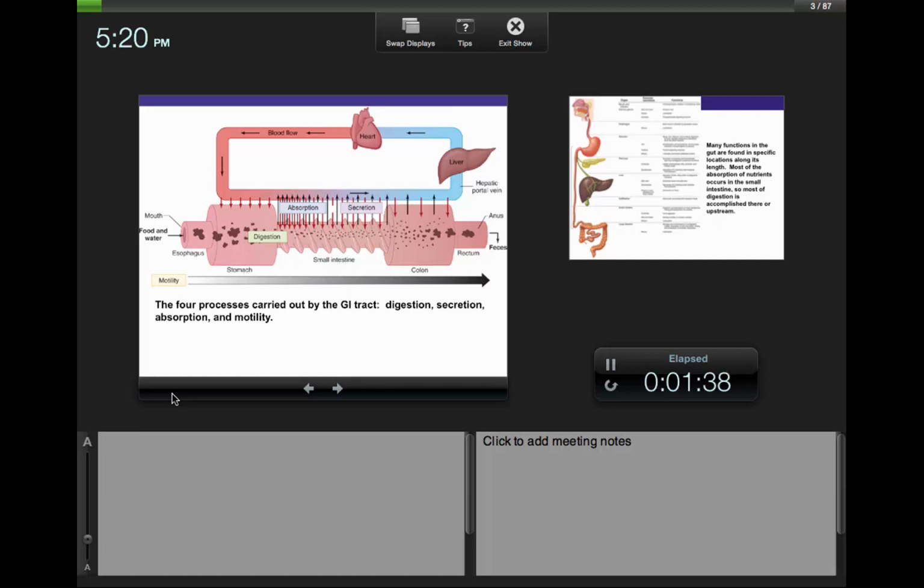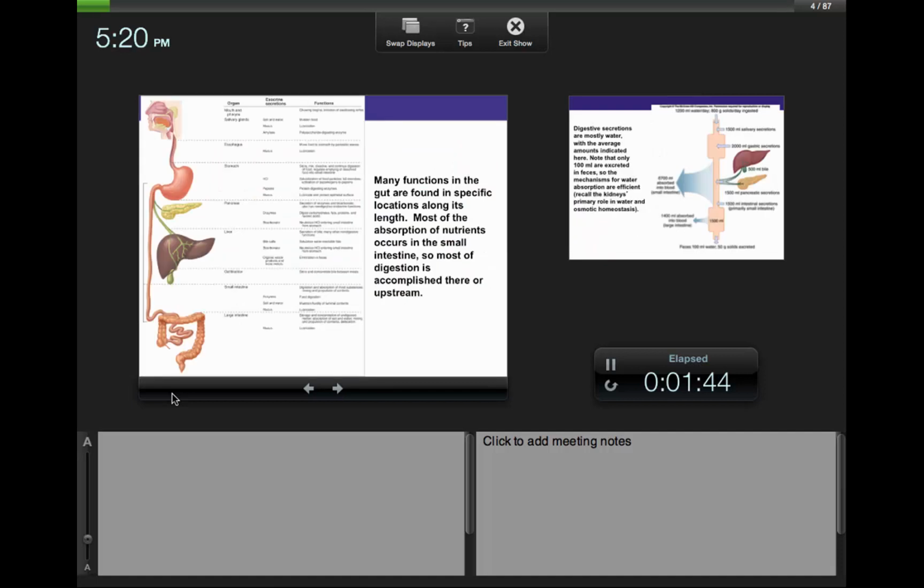We talked about an overall introduction of all of these different organs. One by one, we'll be going through the main organs that make up the GI tract. The upper GI: we'll talk a little bit about the mouth. The salivary gland is the most important part of the upper GI.